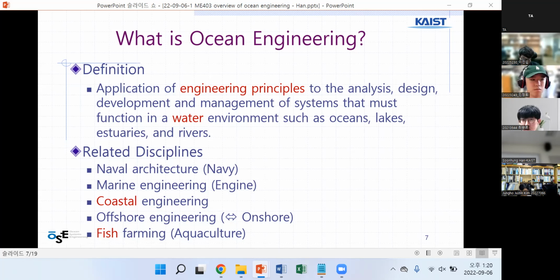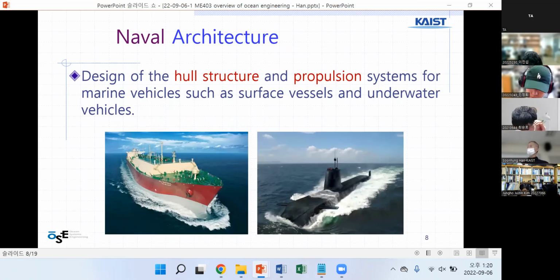Onshore is similar to coastal engineering. And also fish farming, another name is aquaculture. Fish farming is becoming more and more important for providing protein to humans. Naval architecture, we already covered this one.